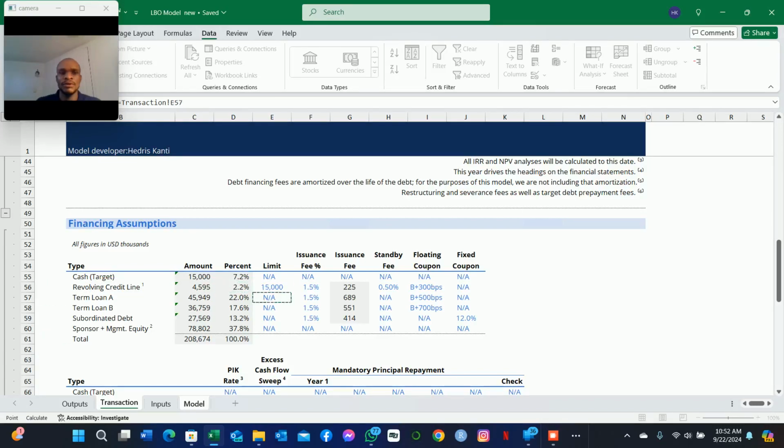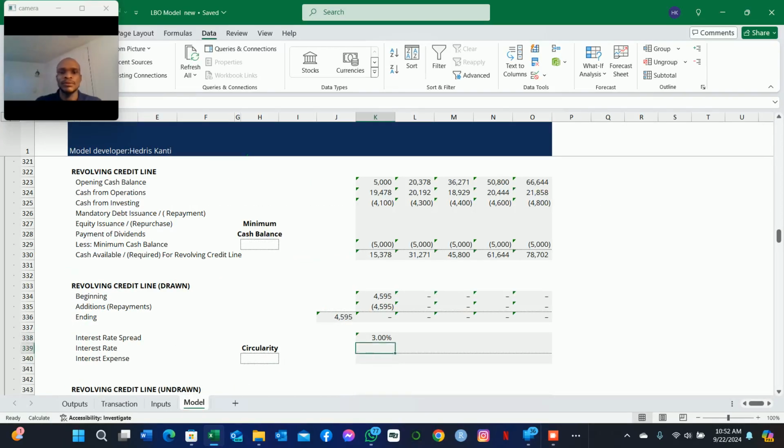We have it here set up for us. The borrowing rate is roughly 300 basis points for the revolving line of credit. So in order to convert that into a percentage, we will reference that cell with F4, since we're always referring to the transaction section, and then we divide it by 10,000. So we are converting it to a percentage.